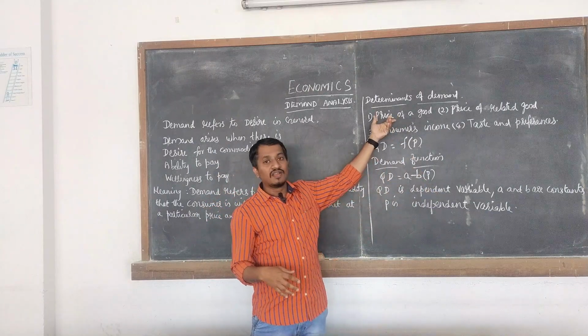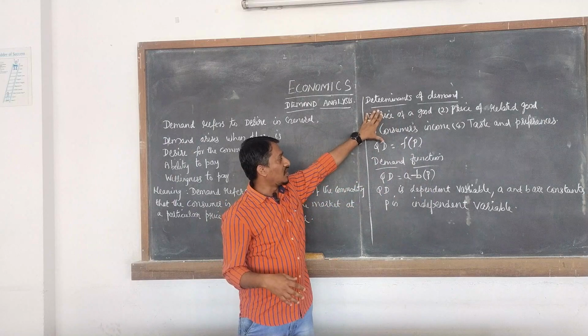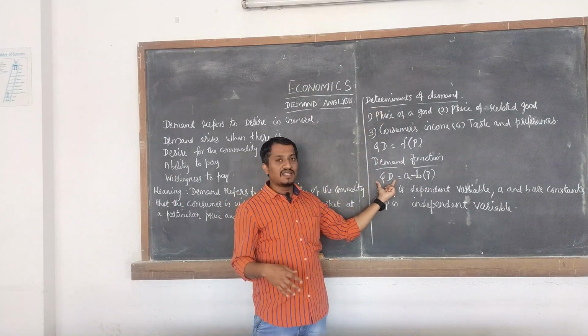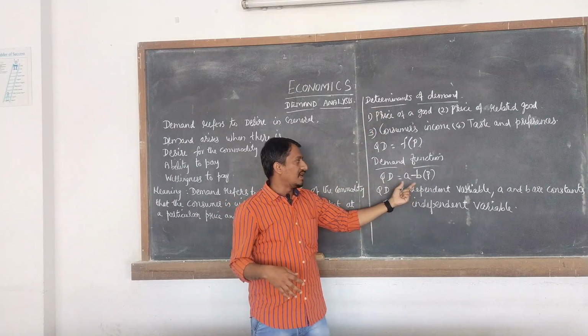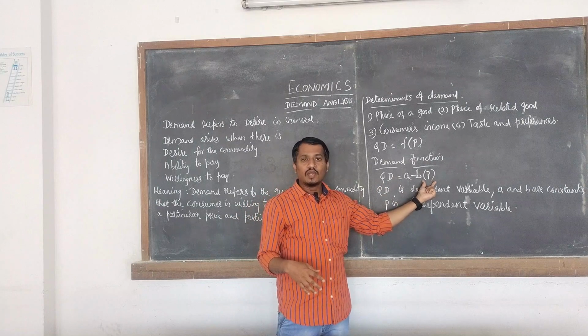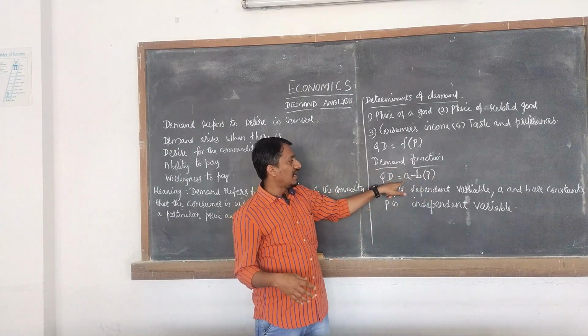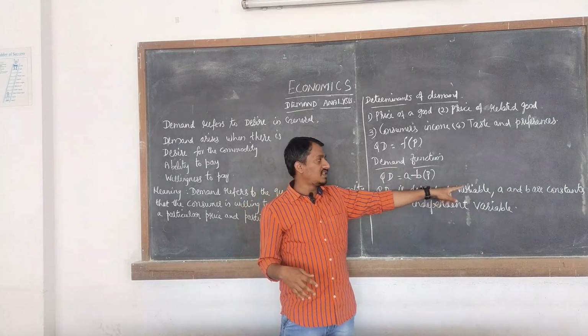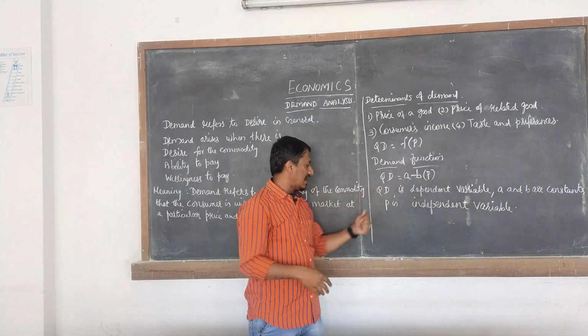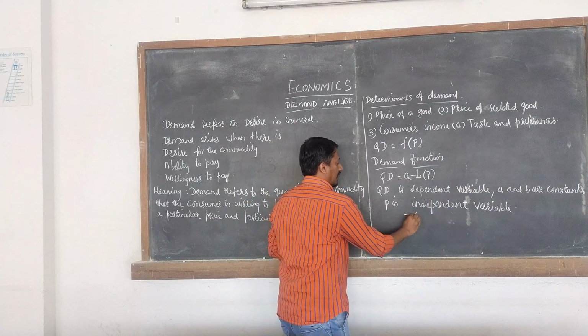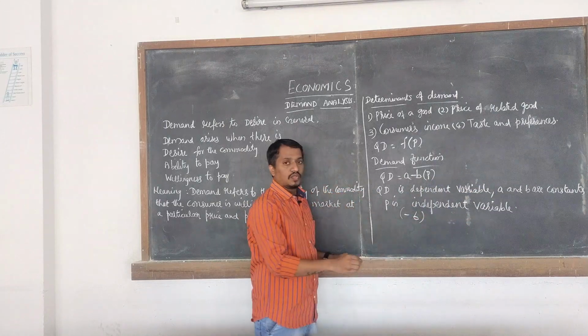This is what we learned in the previous topic. So quantity demanded is the dependent variable and price is the independent variable. A and B are considered constants, and we also have here minus B. Minus B refers to the slope.